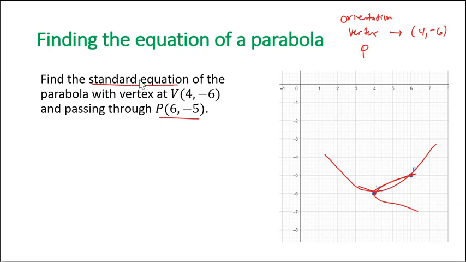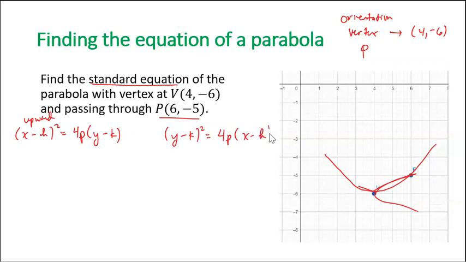In this case, we can first write the standard equation for the upward parabola, that is x minus h quantity squared is equal to 4 times p times y minus k. This is for the upward orientation. Now for the rightward orientation, we write it as y minus k squared is equal to 4 times p times the quantity of x minus h.